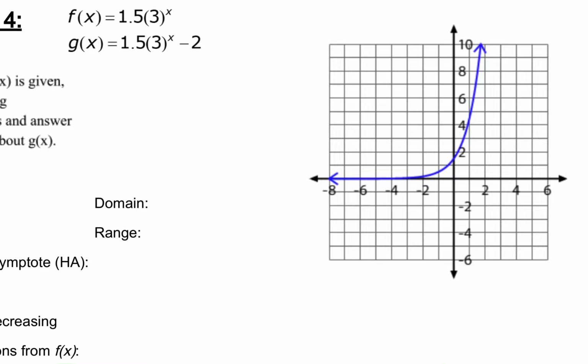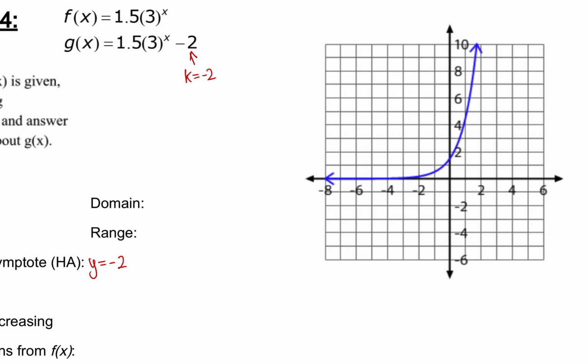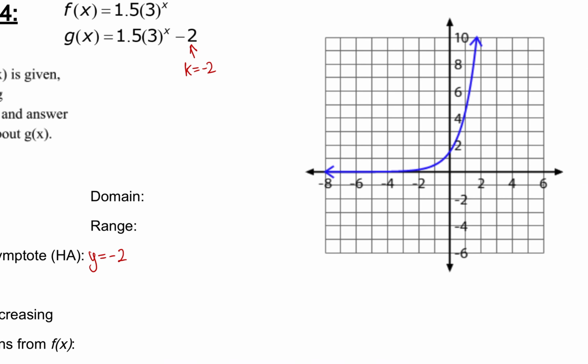So the first step that I'm going to do is identify the k value. So looking at the g of x function, my k value is -2, which implies that the horizontal asymptote, which is the HA, is going to be y equals -2. So on the coordinate grid, I will graph y equals -2, like this.